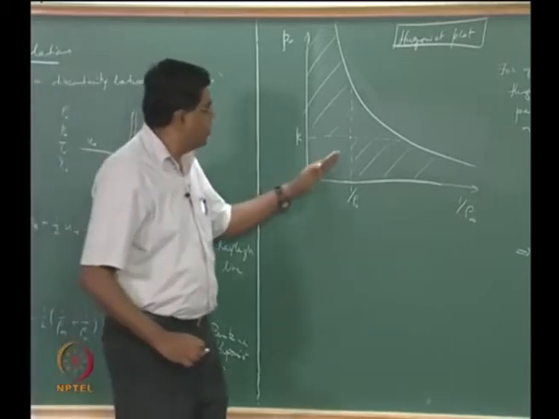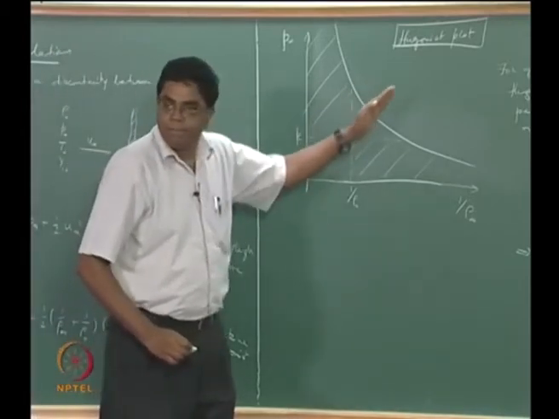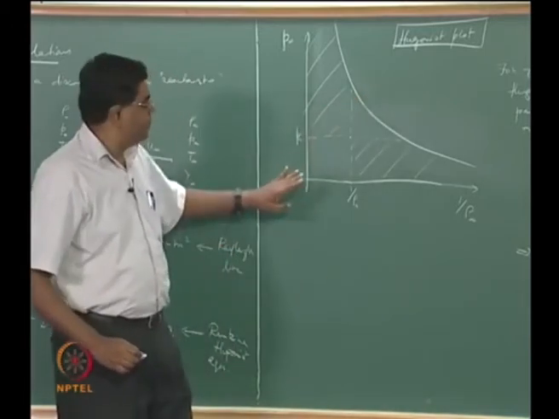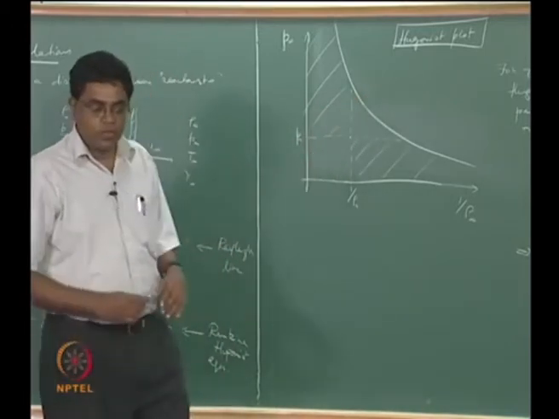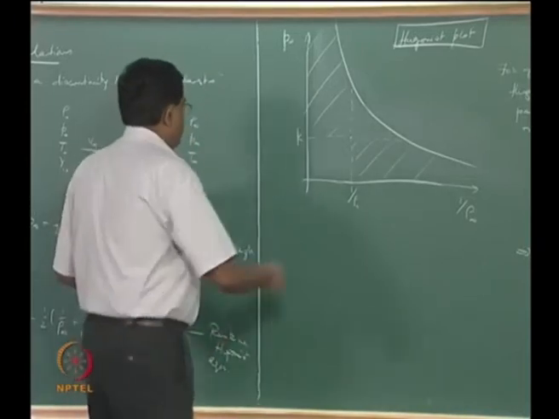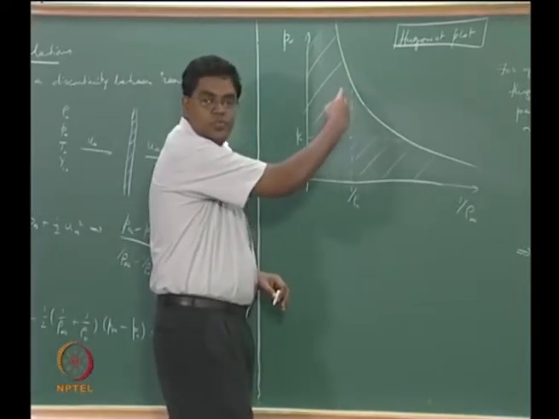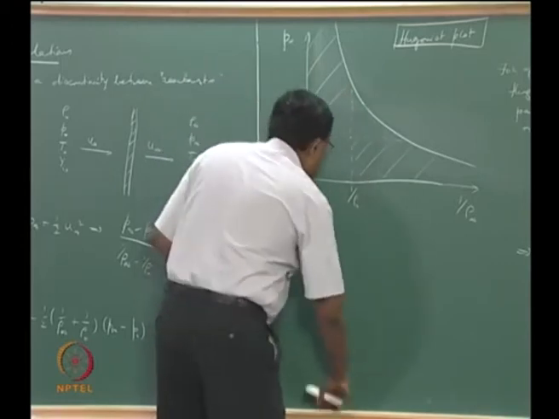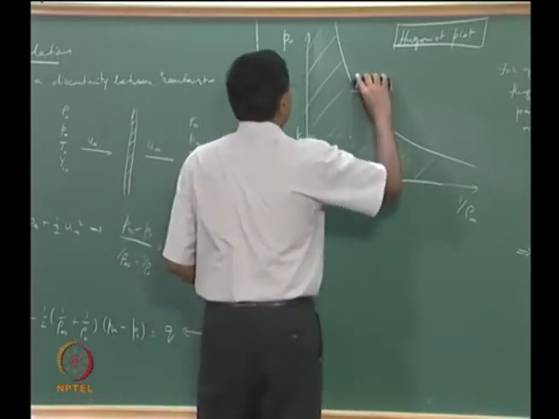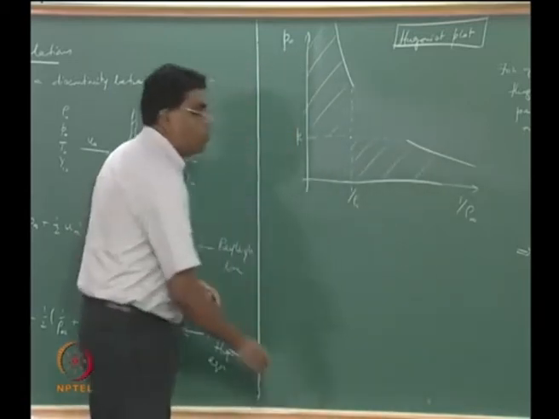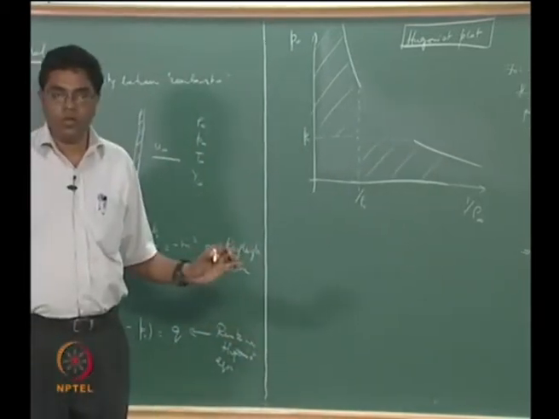It can't go like this, so it can't get into the first quadrant, it can't get into the third quadrant. So this part of the Hugoniot is never going to be used, right. So we now have to erase this part away from consideration. We just do not want to worry about that part of the Hugoniot at all.